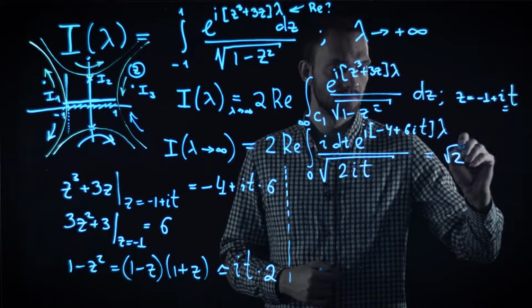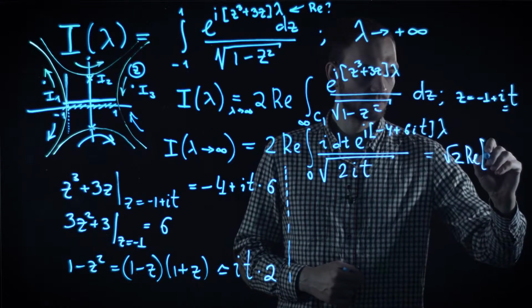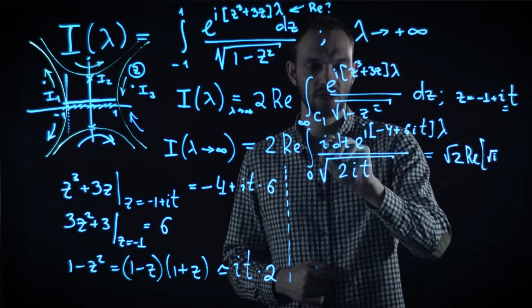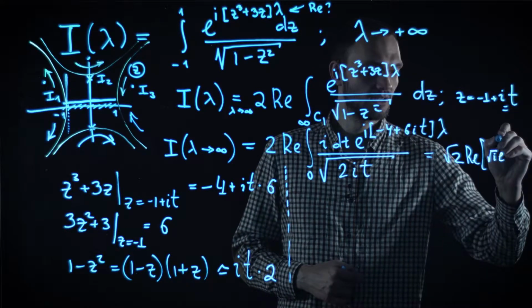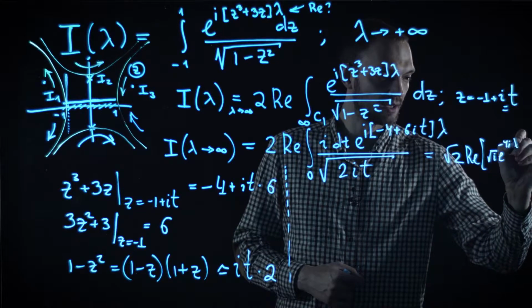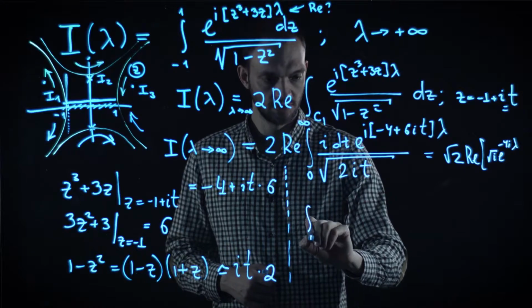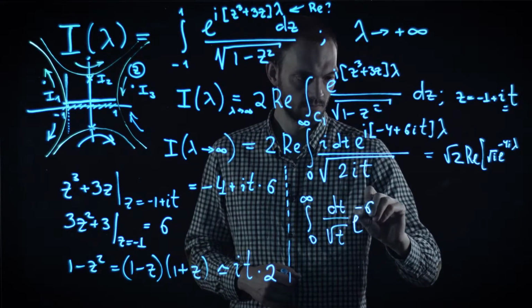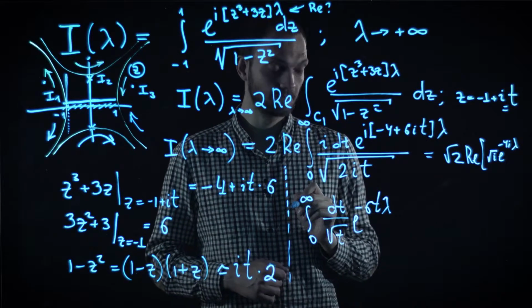And then there is the real part, and here we have the square root of I, which comes from partial cancellation here, and the exponent of -4i lambda. And the remnants here come from evaluation of the following integral, here comes 6t times lambda.